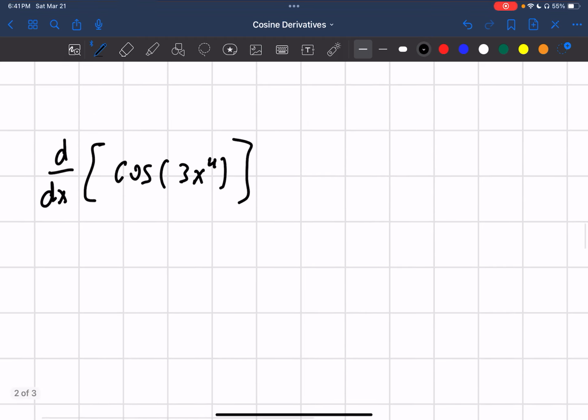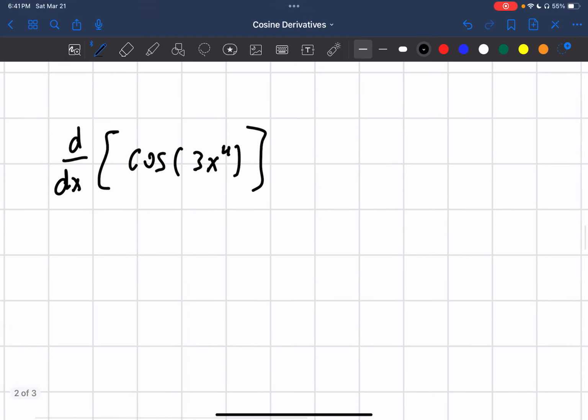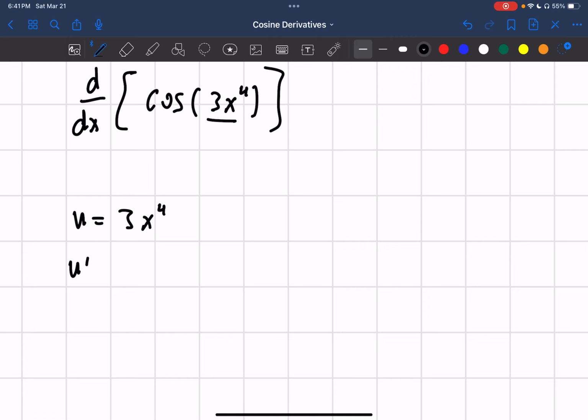In our next example, we see that the inner function u is equal to 3x to the power of 4. U prime, the derivative, will be 12x to the power of 3.